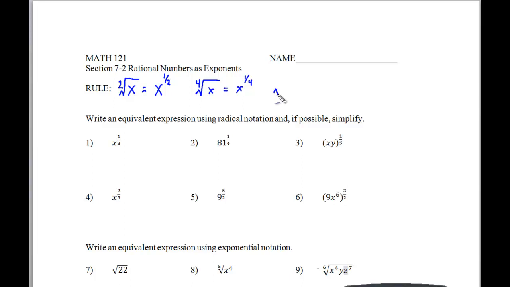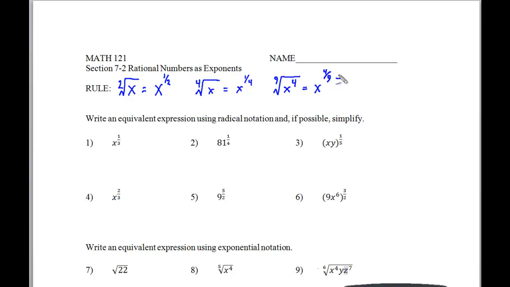And also this works if we have a base that has a power inside, like let's say this is the fourth. So x to the fourth under the radical of the ninth root. This gives us x to the 4/9.